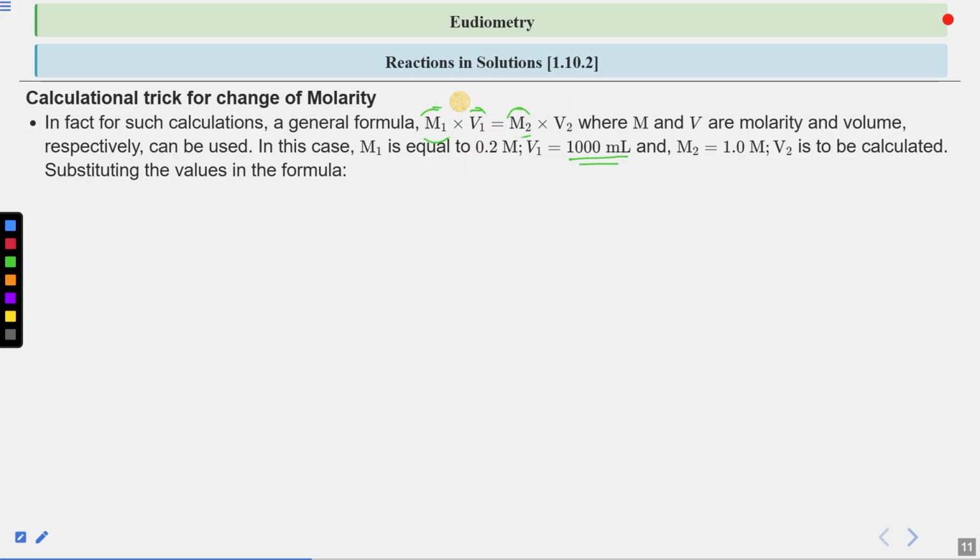So you will simply put the values here. Initially, suppose we have 1 molar solution and we don't know what volume we should take, so we will keep it as V2. Then here we will take 0.2 and here we will take 1. Then from here you can easily calculate the volume.